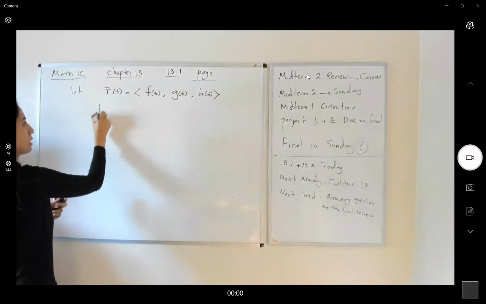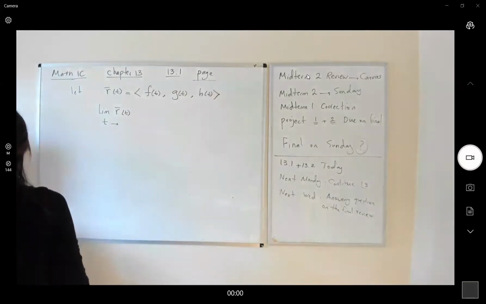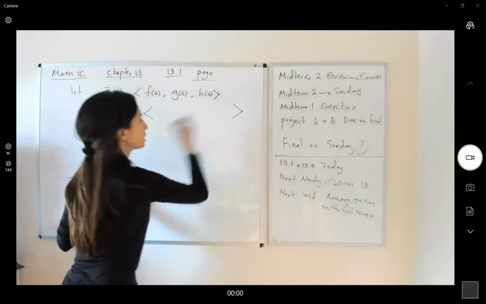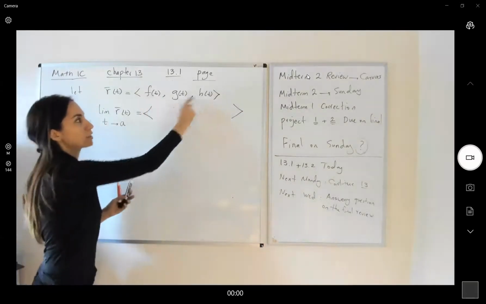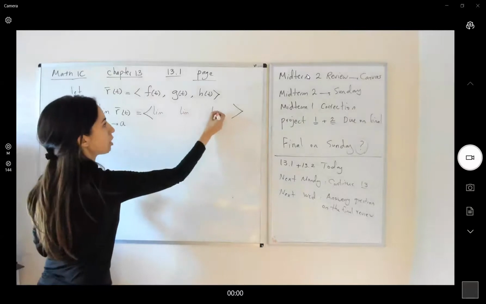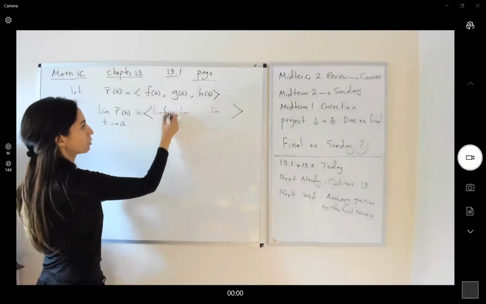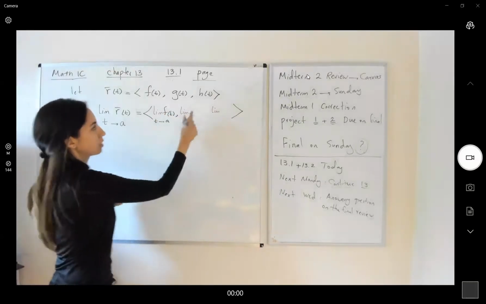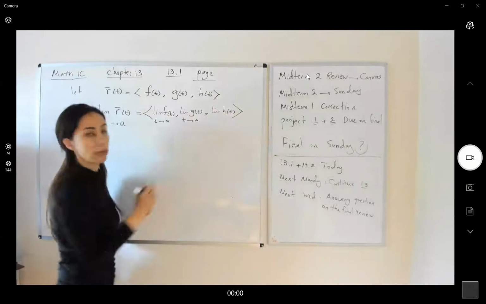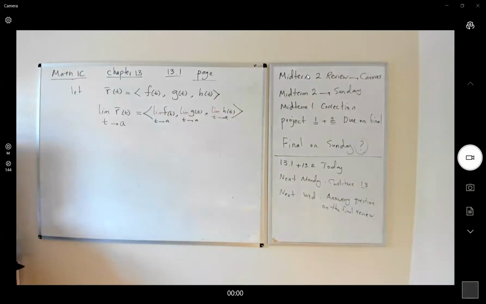The limit of this vector function, while t goes to a, of course it has components. You take the limit of each of these functions: limit of f while t goes to a, limit of g while t goes to a, comma, limit of the last function, h of t, while t goes to a. This is the limit of a vector function.